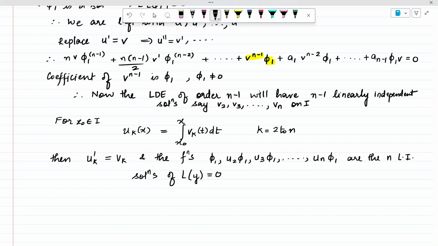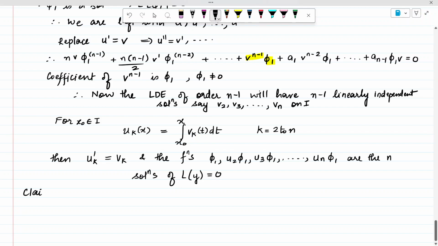Okay? And rather, we would actually try to prove this is linearly independent here. We will like to prove these are linearly independent. So we'll say these are the solutions and we will prove.